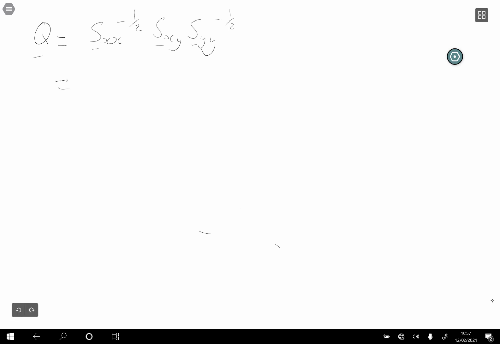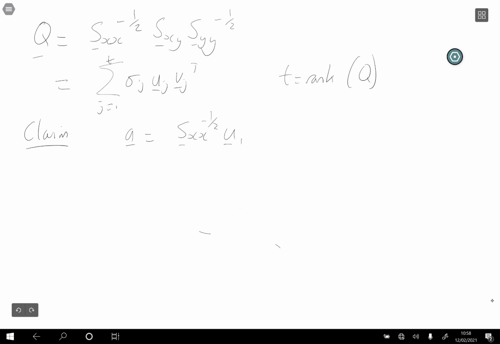And we're going to suppose that this has singular value decomposition, the sum of sigma_j U_j V_j transposed, where j goes from 1 up to t, and t is the rank of the matrix Q. Then we're going to claim that A, which is S_XX to the minus half U1, and B, which is S_YY to the minus half V1, solve the constrained canonical correlation analysis (CCA) optimization problem.